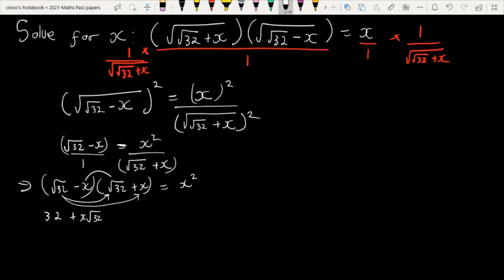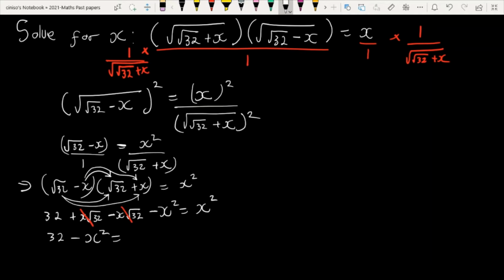Do the same here, minus x to the root of 32, and then minus x multiplied by x, it's minus x squared, which is equals to x squared.